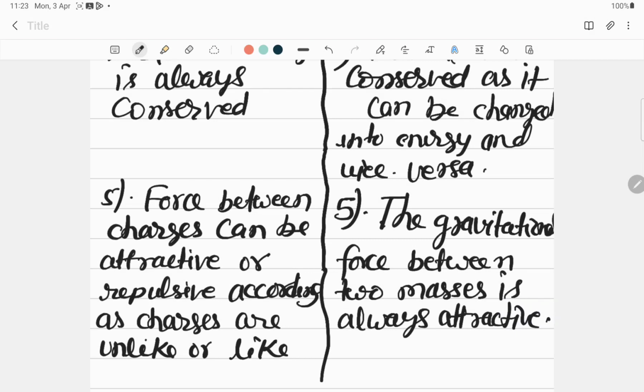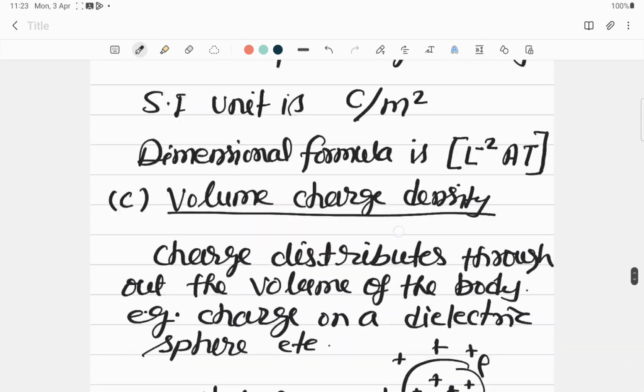So now the topic is completed. Now we have the whole notes.